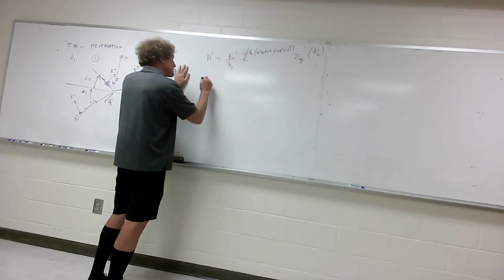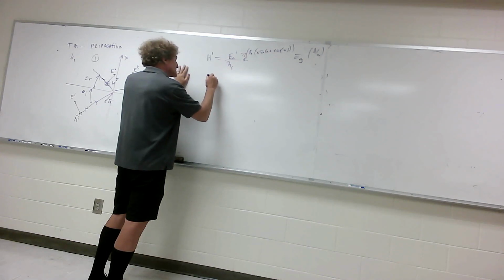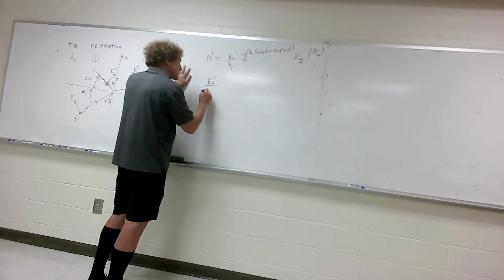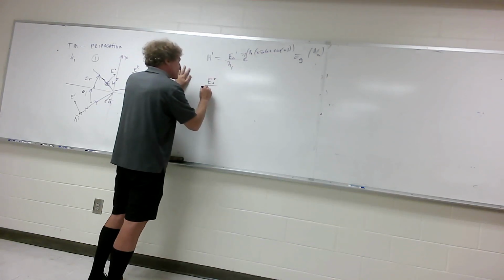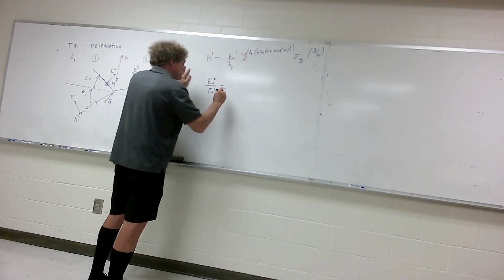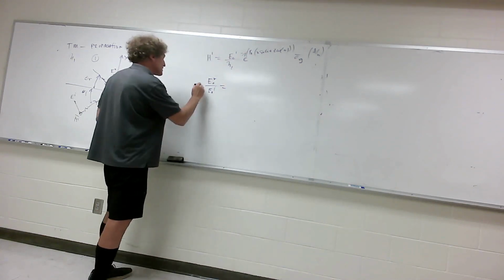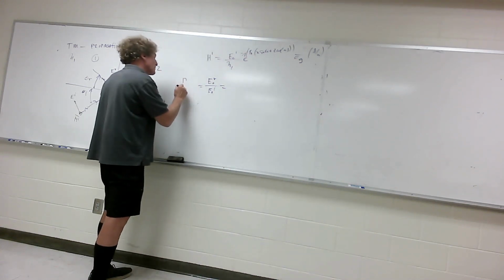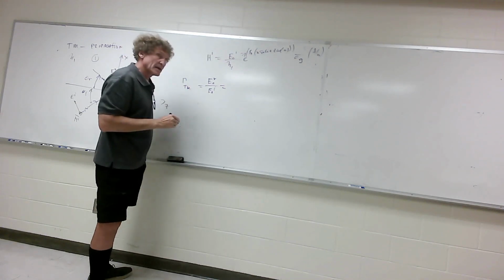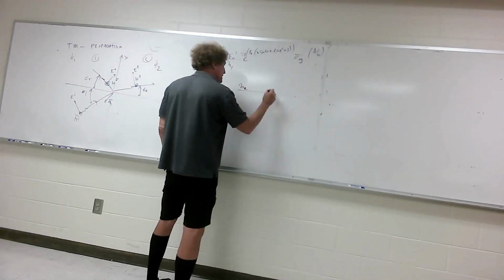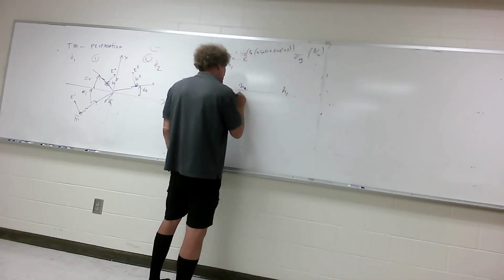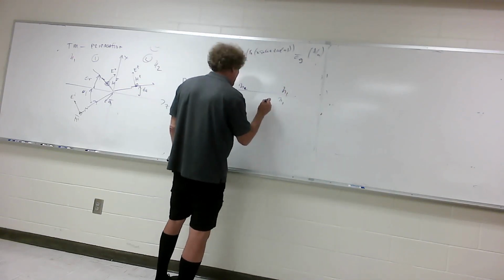At the end of the day, I'll put the reflected electric field over the incident field. This is going to be the reflection coefficient for TM, and that'll be equal to eta 2, and I always start eta 1, eta 2, eta 1.